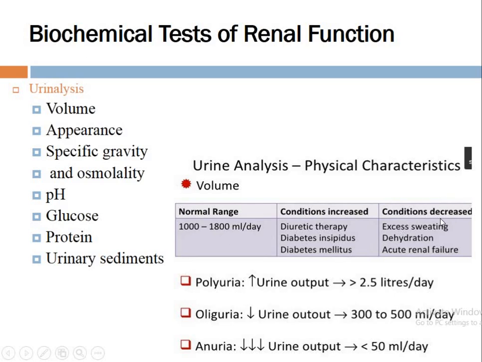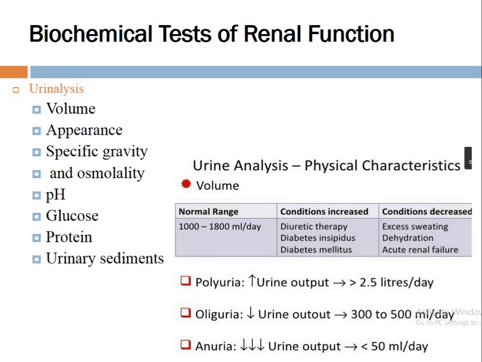Now conditions that will decrease urine output. In case of excessive sweating, if a person is exercising and sweating more, the amount of urine formation will be less. If the person is in a higher surrounding temperature, again the sweating will be much higher, so the body will tend to preserve water as much as possible.